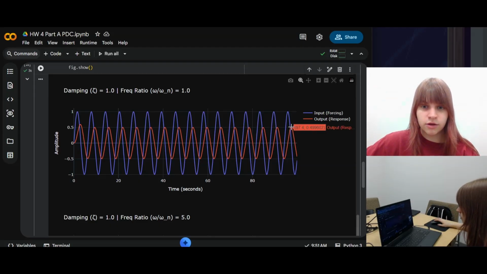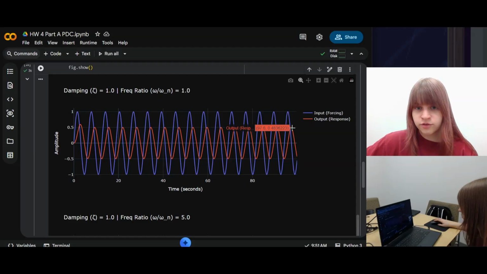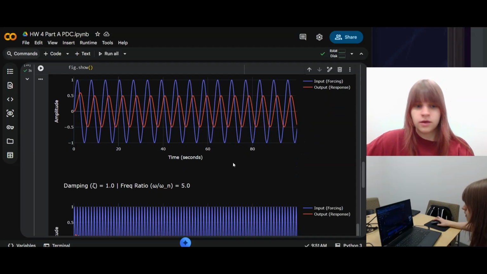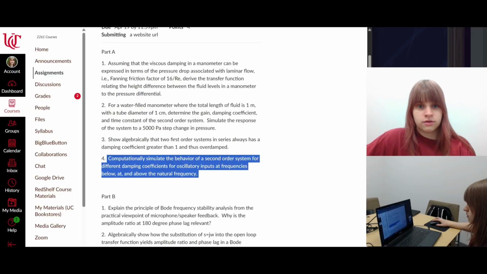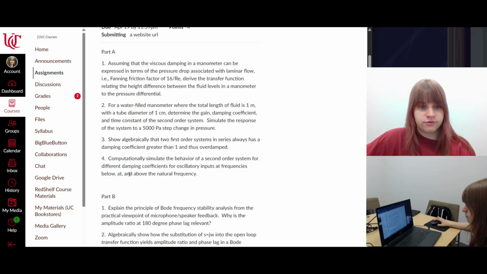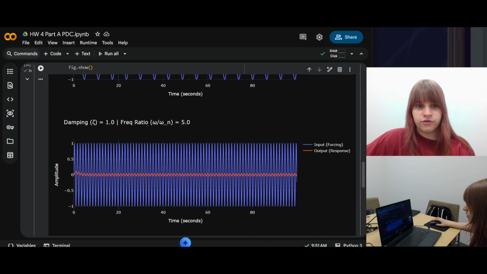And if we take a look, it is at about half of what the input was, being at 1 versus 0.5 or so. And when we have that high frequency ratio, it's similar to what we saw previously. So when we have frequencies above the natural frequency, that's when we see this output really shrink.